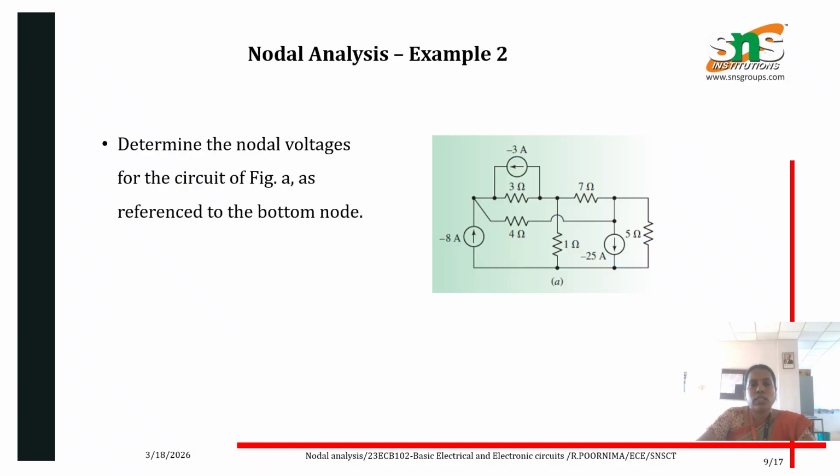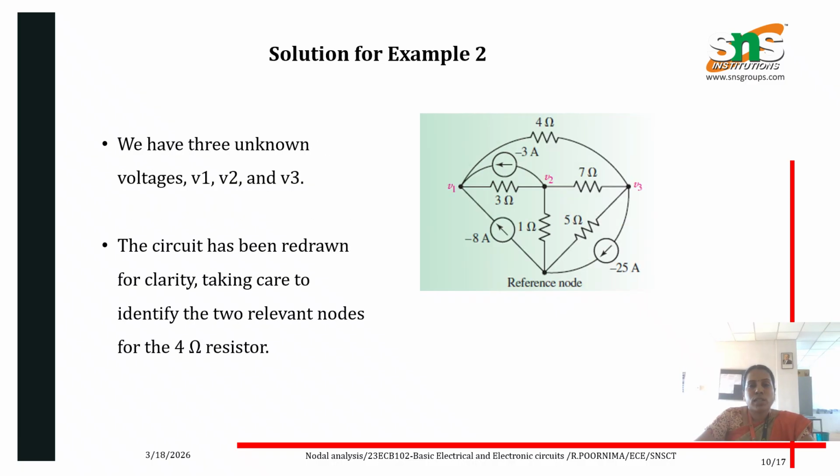Nodal analysis example 2. Take this circuit diagram and determine the nodal voltages as referenced to the bottom node. First of all, we need to mark the nodes as V1, V2 and V3, and this circuit can be redrawn for clarity to identify the two relevant nodes for the 4 ohm resistor.